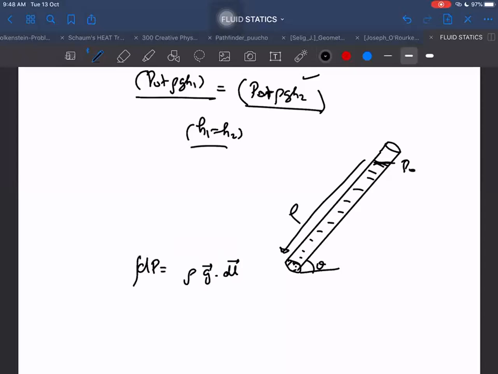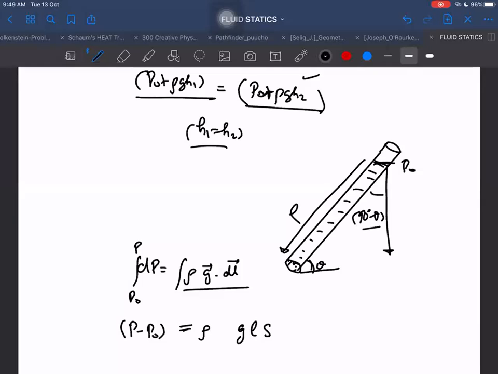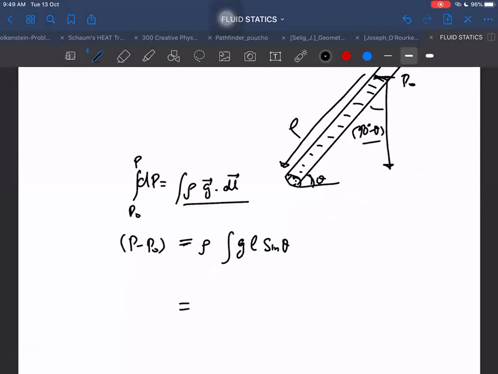The reason is this: dP is equal to rho g dot dl, integrated from P naught to P. Then P minus P naught is equal to rho into g dot dl. g is downwards. This angle is theta, so the angle between them is 90 minus theta. So g dot dl will become g dl cos of 90 minus theta, which will be sin theta. Then I am getting rho g sin theta dl, which will finally become rho g sin theta taken out, and the dl integration will be L. That is P minus P naught.